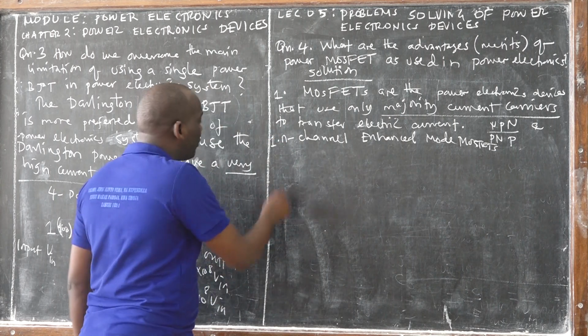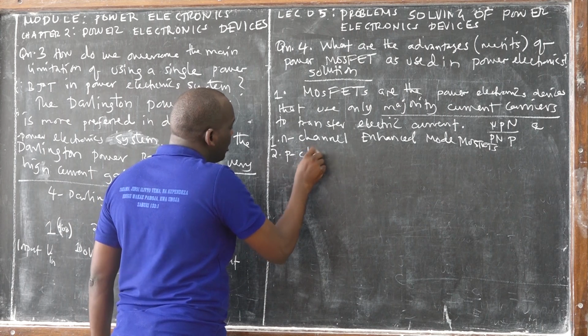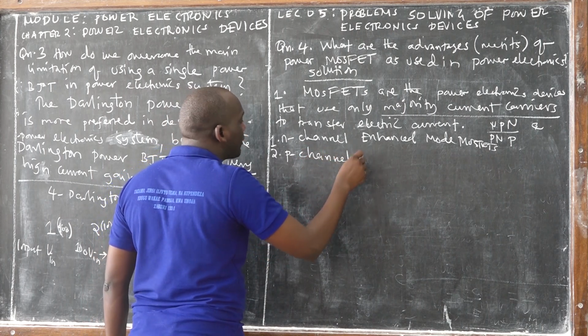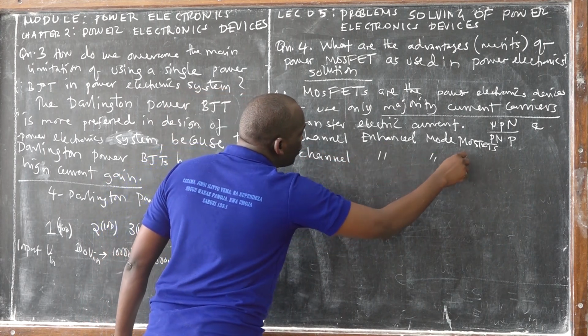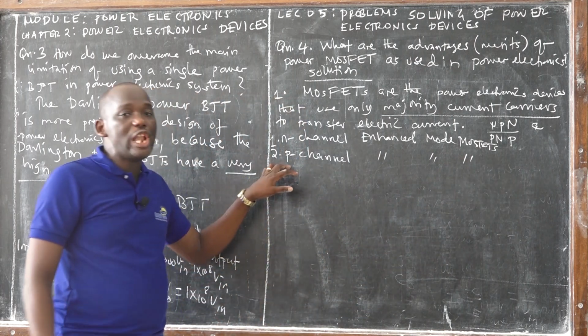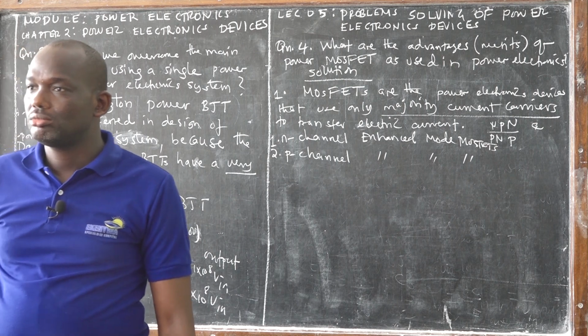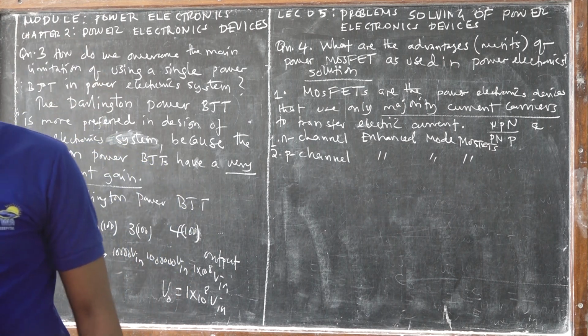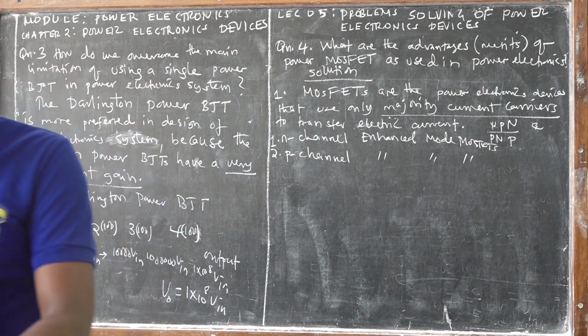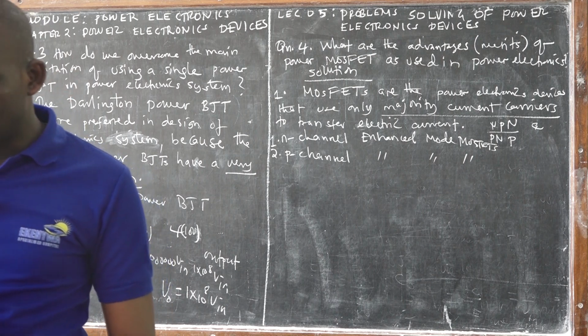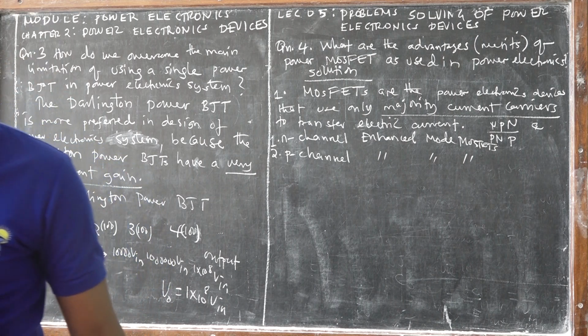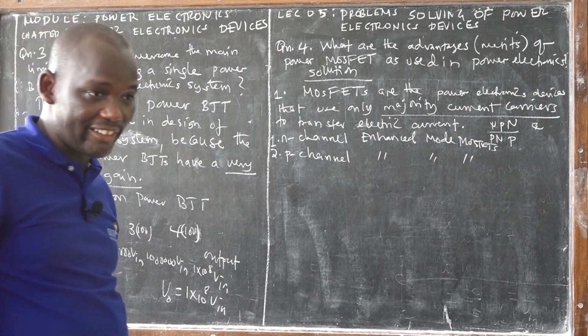Also we have P-channel enhanced mode MOSFET that we are using in power electronics. So here we have only majority carriers which are holes. Are we together? That's the first advantage. Can you cross-check your neighbor's advantage? No, not that one. Maybe the second or third one, right?